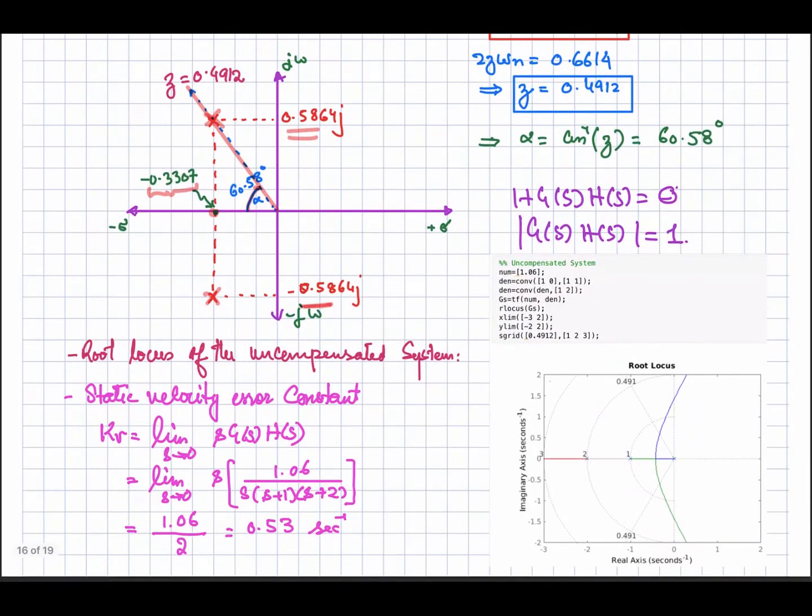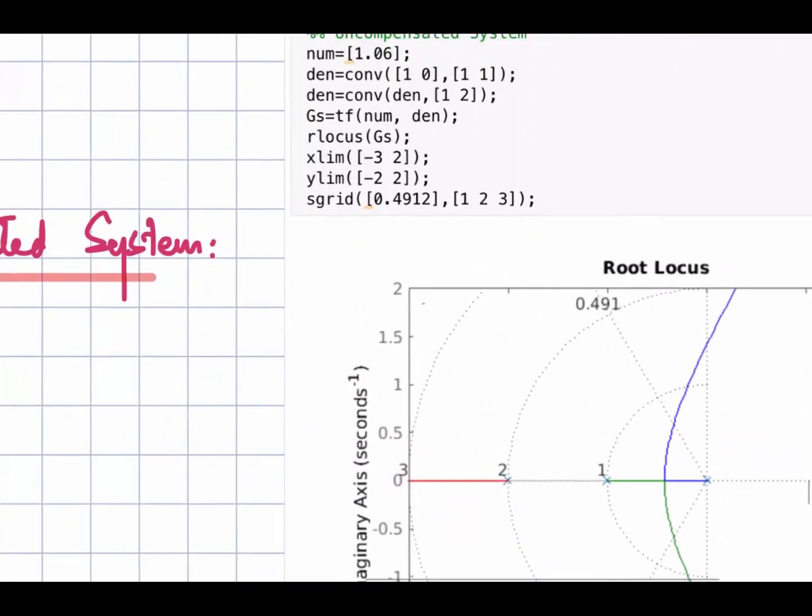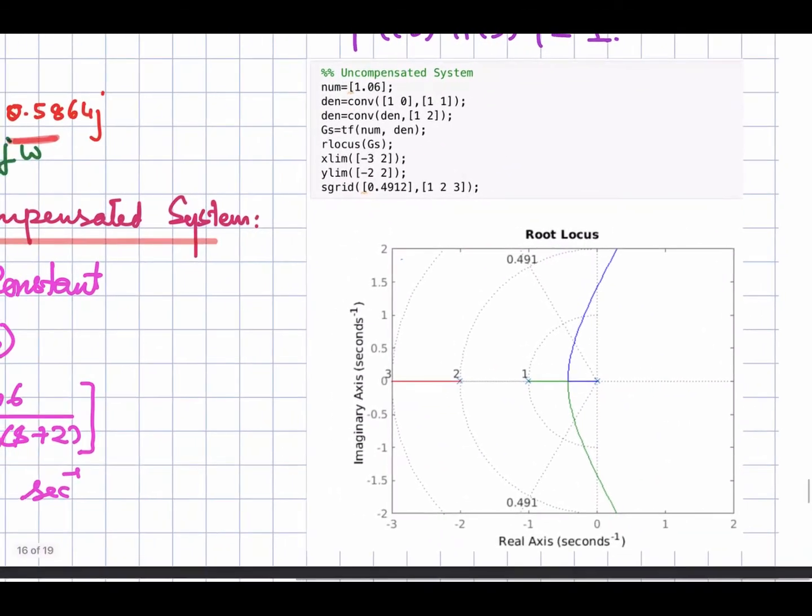Okay, now let's look at the root locus of the uncompensated system. That is sketched over here in this diagram. The transfer function is g of s, equal to 1.06 divided by s times s plus 1, first convolving s and s plus 1; this is the multiplication.